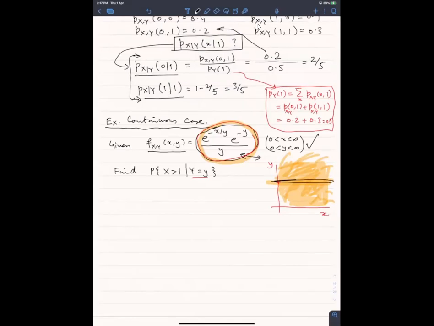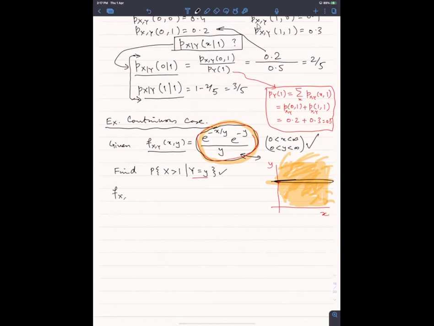We can find the marginal distribution of x given y is equal to y. But they are asking what is this conditional probability? So for this, I will need to find the conditional distribution of x. How do I find that out?